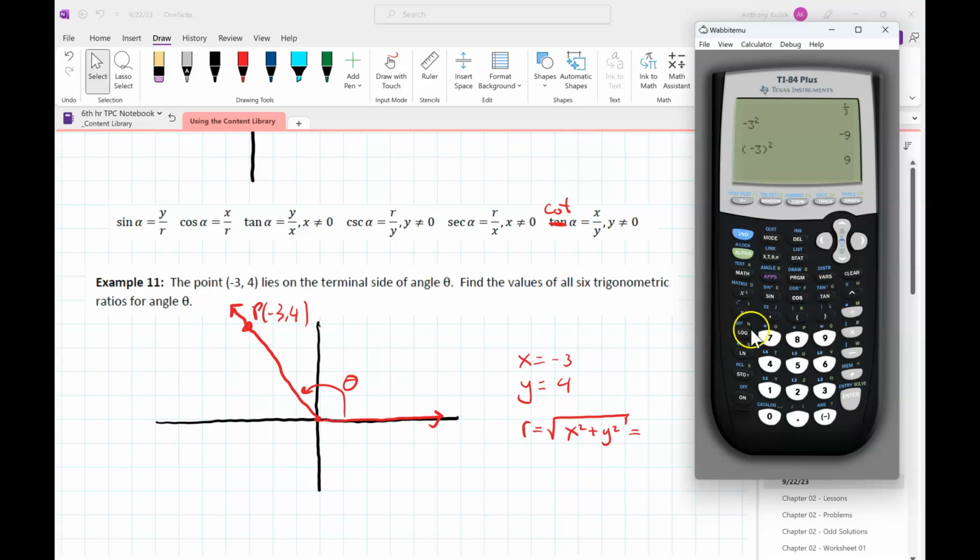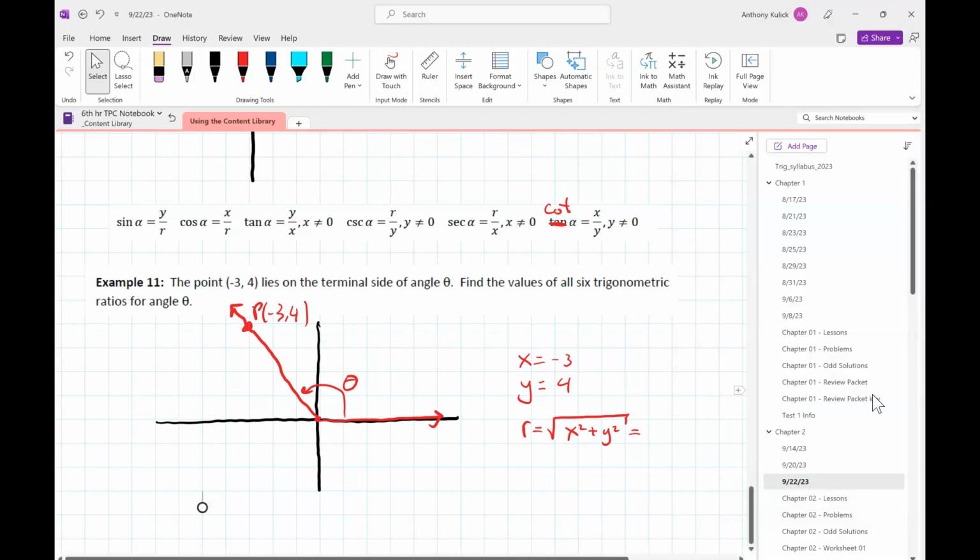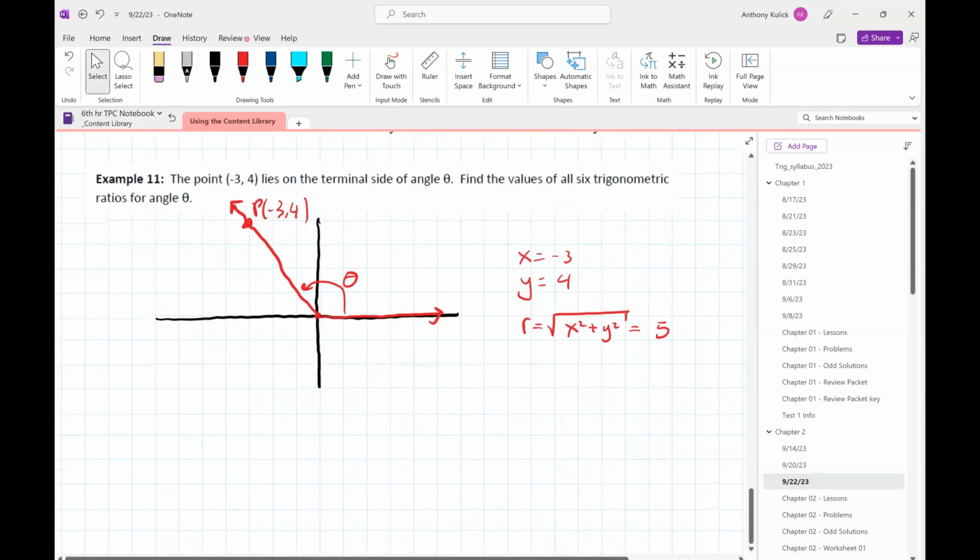This is a super duper common mistake that I see students make really at all levels using their calculator, that we have to be careful if you're squaring a negative number to put that number in parentheses before you square it. Everybody okay? You get why I asked you to type that in your calculator now? Super easy to make the mistake. I wanted to address it while we had a moment. So r is 5. That was the point of that, though.